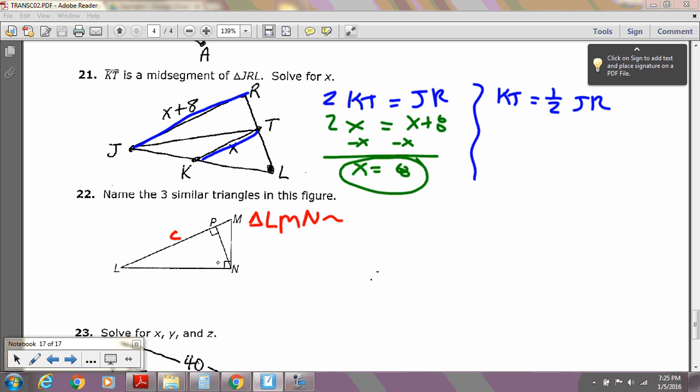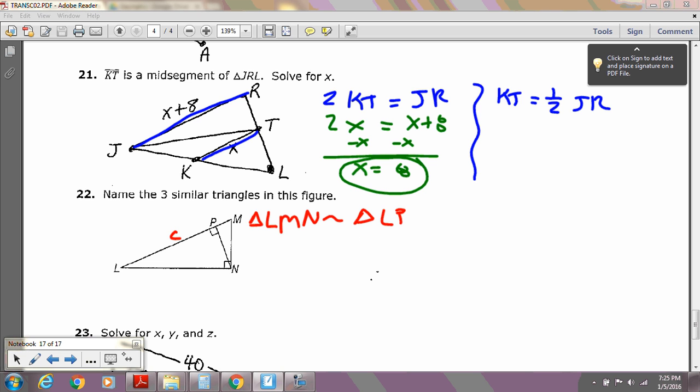So the medium size one, LPM, PN, sorry, I need to, again, travel down the long leg. So I would start at L and go to P, where the right angle is.